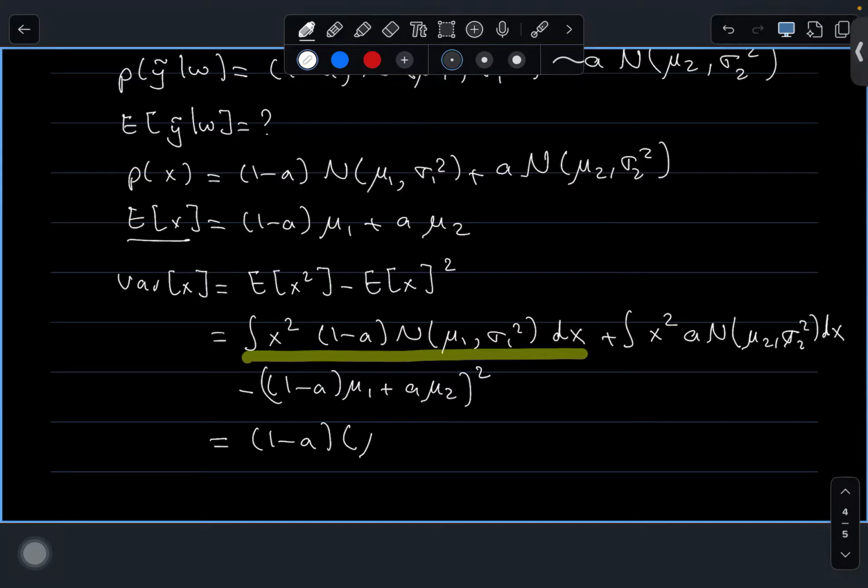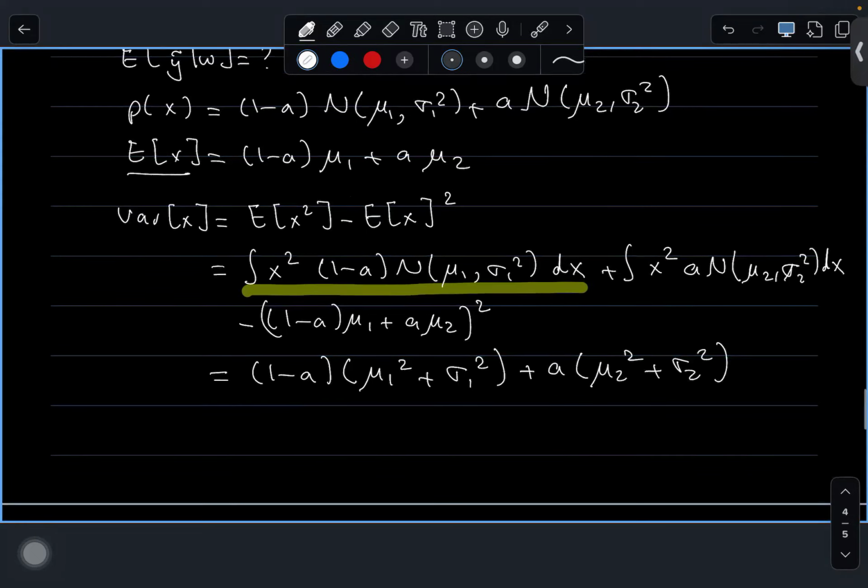I want to find the expected value of x squared. Its expected value is going to be mu 1 squared plus sigma 1 squared, its mean squared plus its variance. And the second term is going to be a times mu 2 squared plus sigma 2 squared, minus this term here.